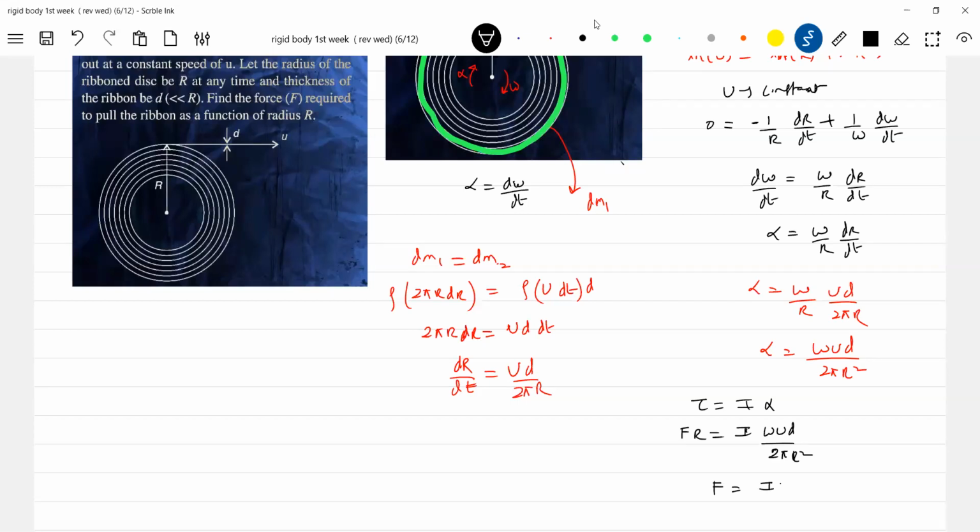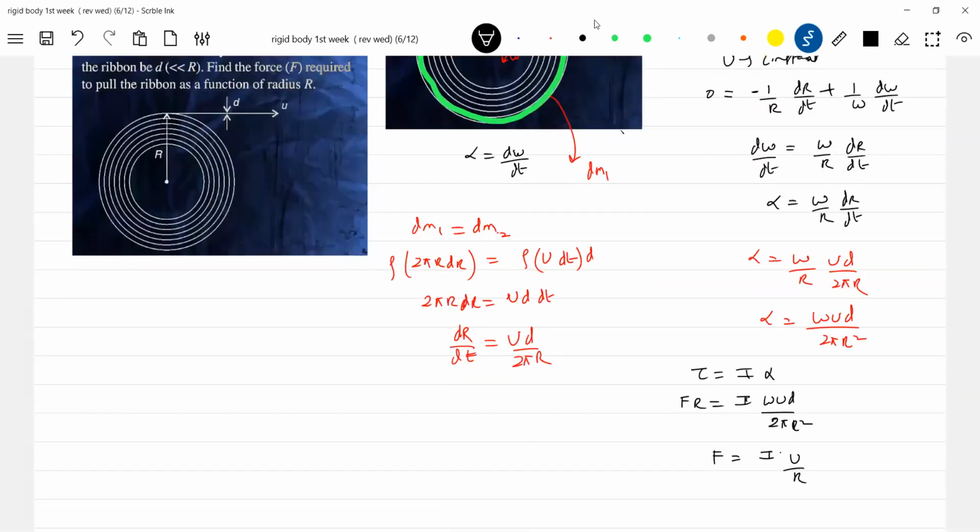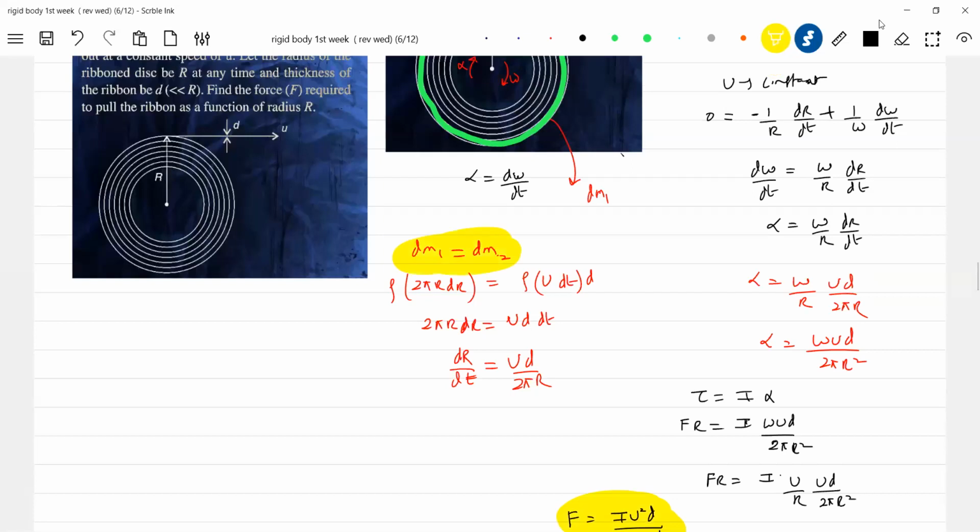U by r, let me replace that. Answer will be F is equal to I u square d by, check dimensionally. I think, okay, fine. R raised to the power 4. R to the power of 4, no? Yeah. This is the idea. From here we can manage the problem clearly.